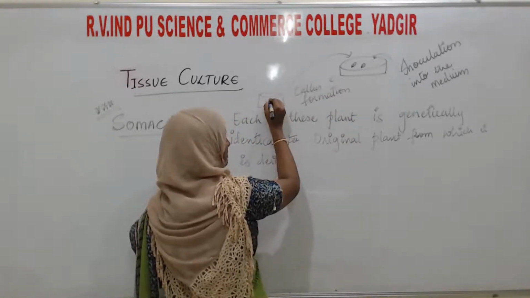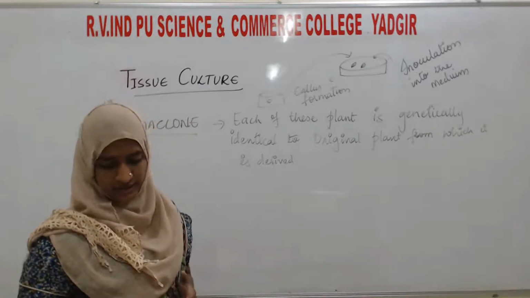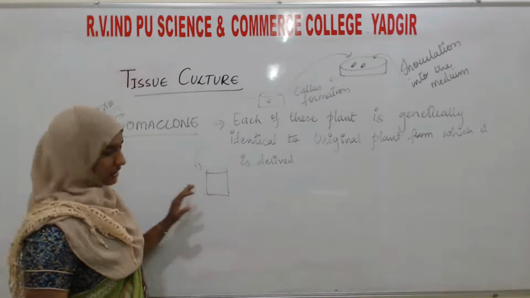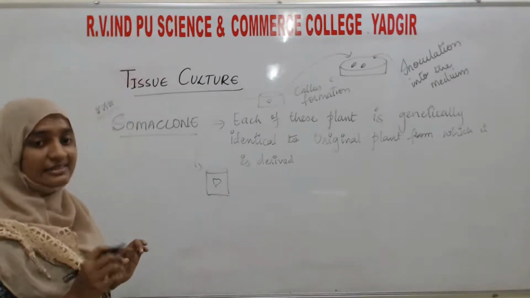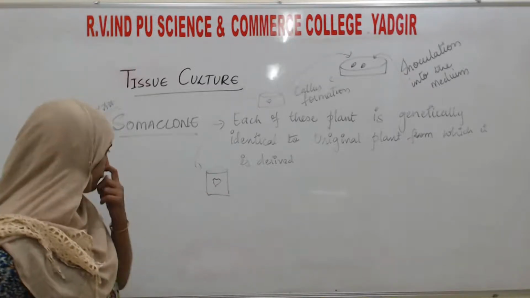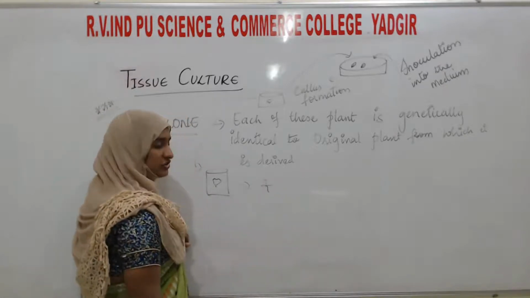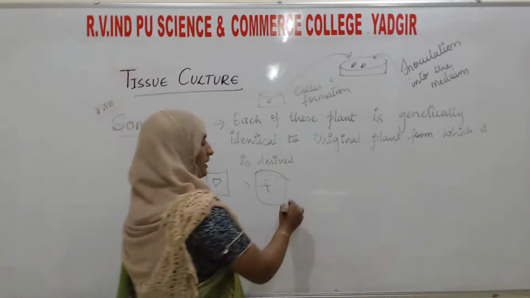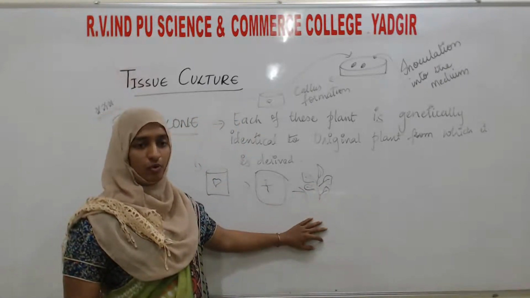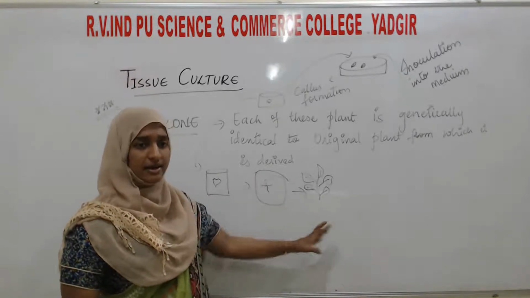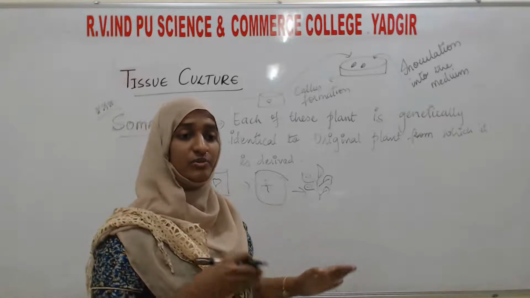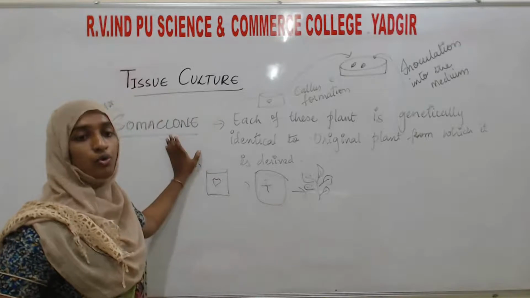They remove that callus and culture it in a beaker containing the media, using subculturing, and you can see the mass of cells growing. This callus gives rise to a small shoot and a small root system in the test tube or beaker, after which a new plant forms. This new plant will be identical to the parent plant from which it was taken, and that is known as a somaclone, meaning copies.